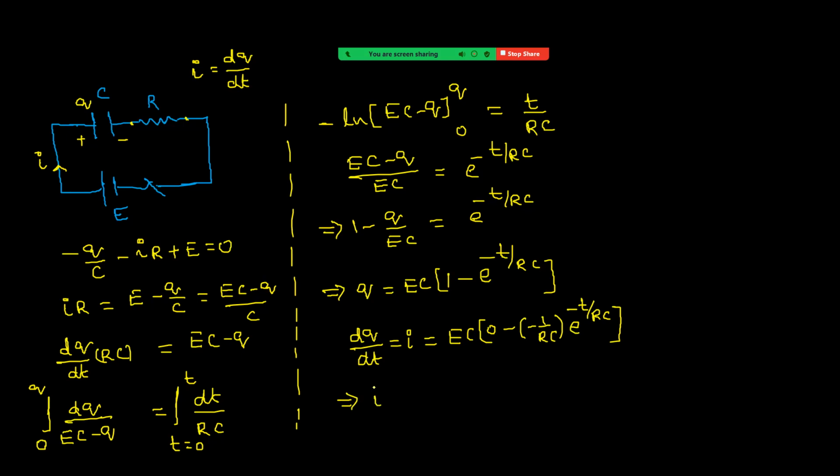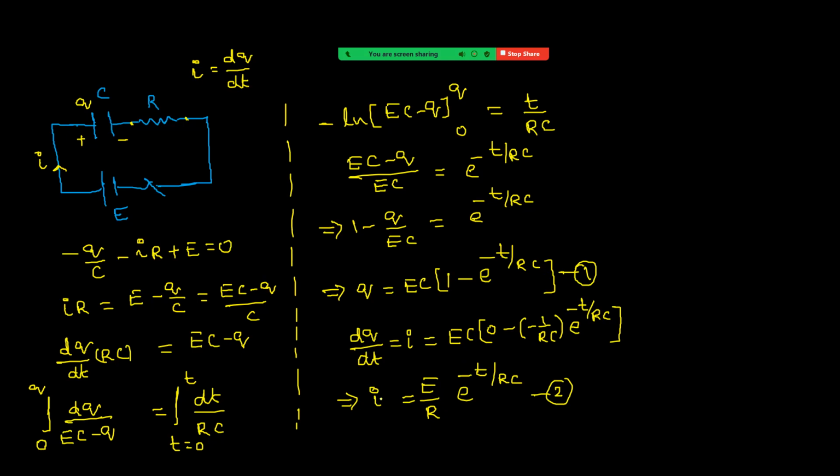Then see, the current is how much? Minus of minus is plus, and C gets cancelled. It is equal to E by R, e power minus t by RC. So we got the charge as a function of time and the current as a function of time.